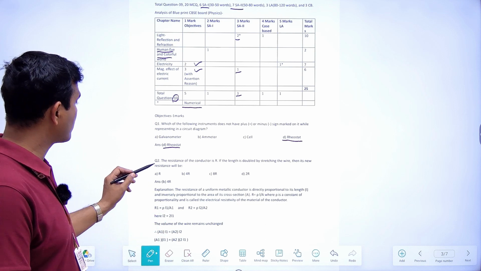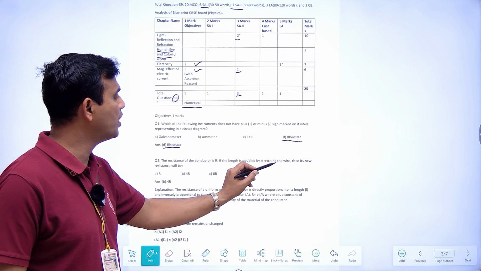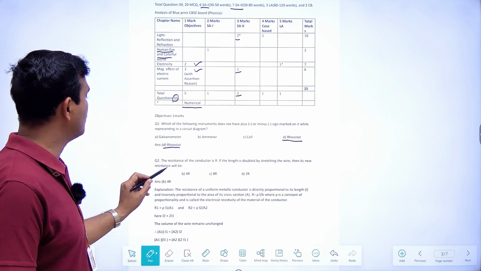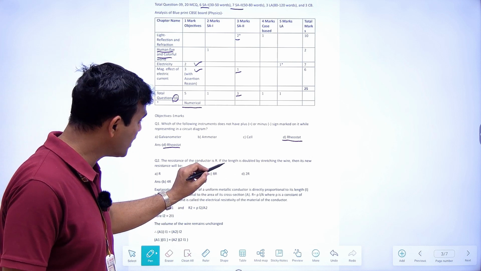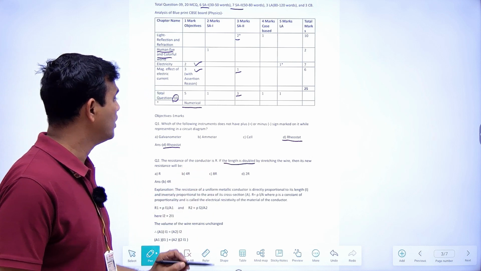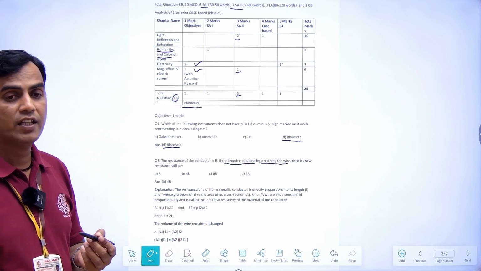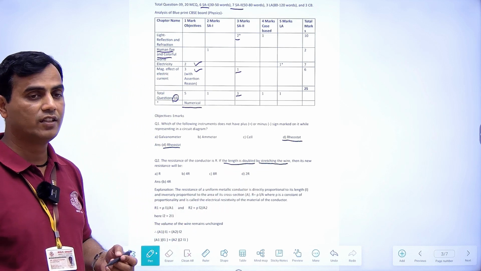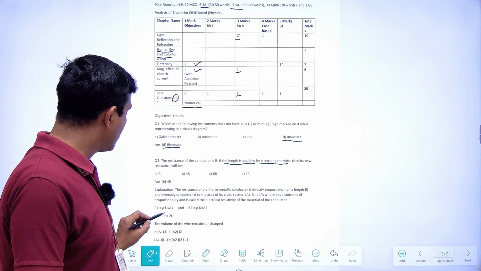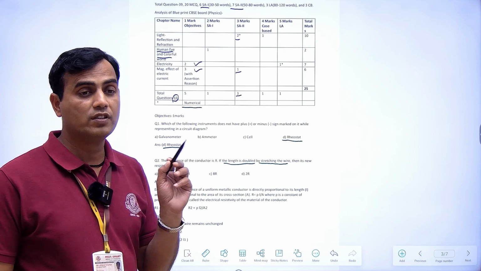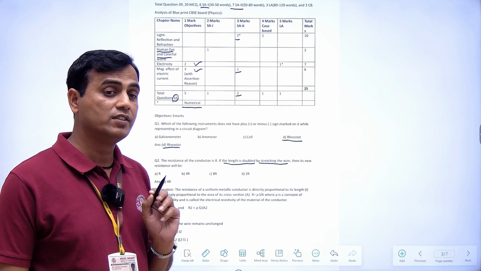If we come to the next question: the resistance of the conductor is R. If the length is doubled by stretching the wire, then its new resistance will be. Here we have to check that the length is doubled, but the wire is the same and only stretching is there. So we have to concentrate on the particular aspect that in this case the volume of both the positions will remain the same for this wire.